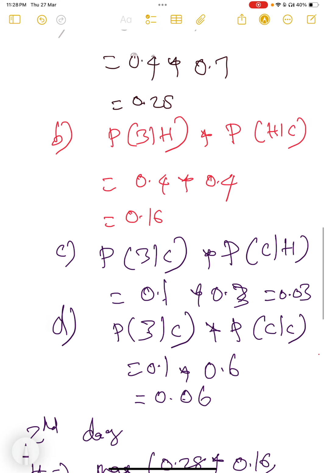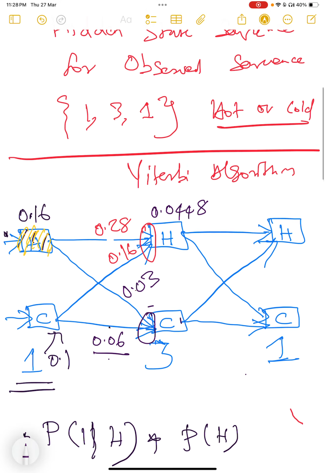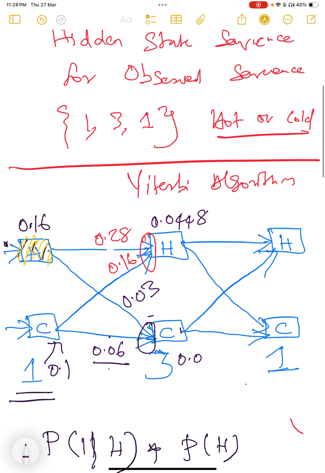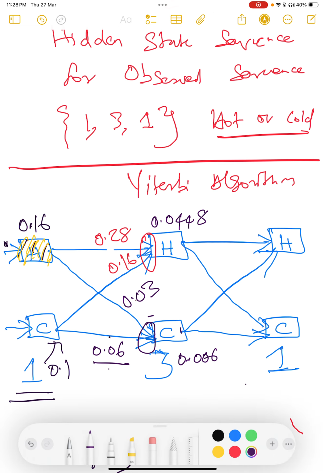So C is 0.006 and H is 0.0448. Which is clearly the maximum? H is the maximum, 0.0448. So now we are to find for the third day.